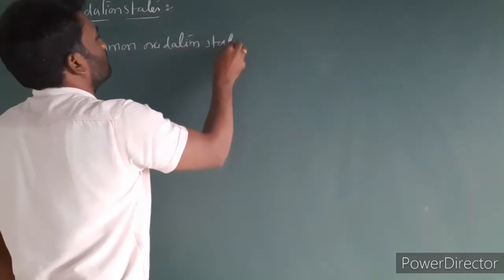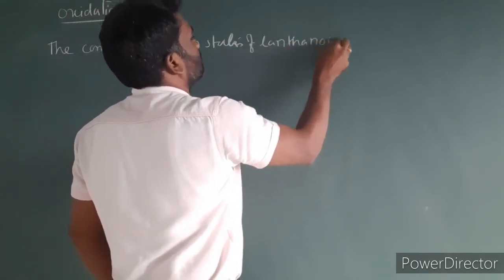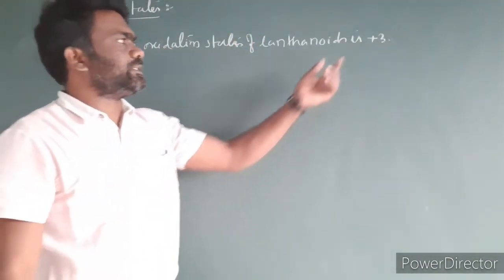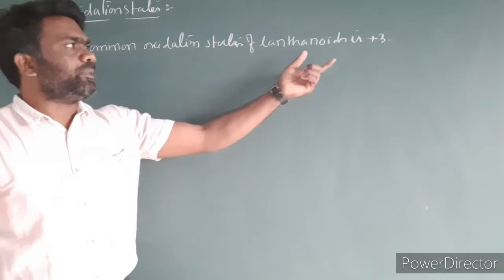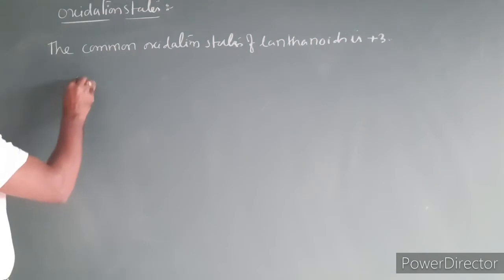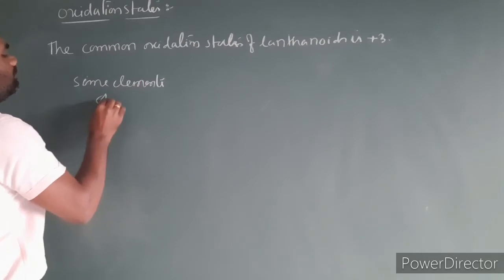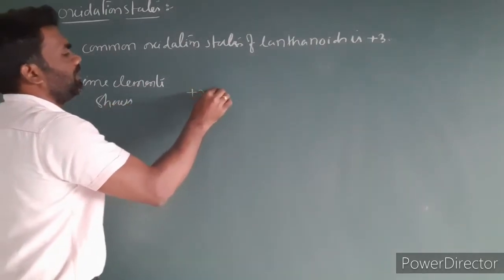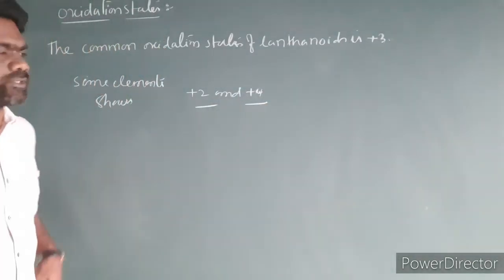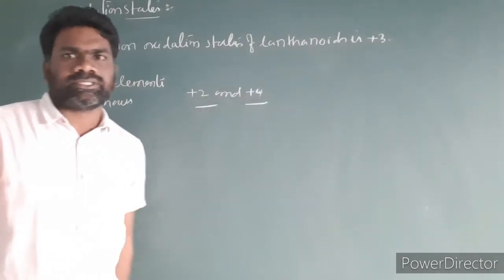In addition to the common oxidation state, some elements will show variable oxidation states. In addition to the +3 oxidation state, some elements will show the +2 and +4 oxidation states.